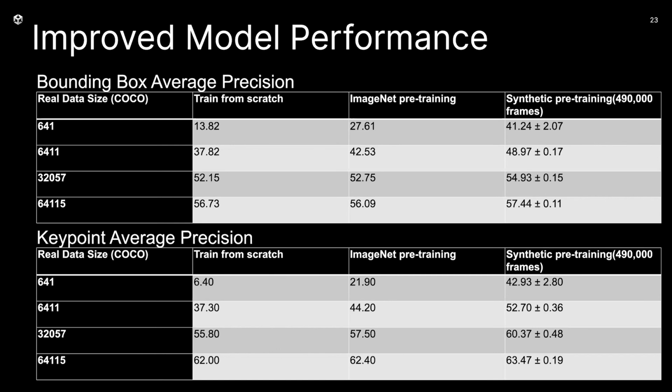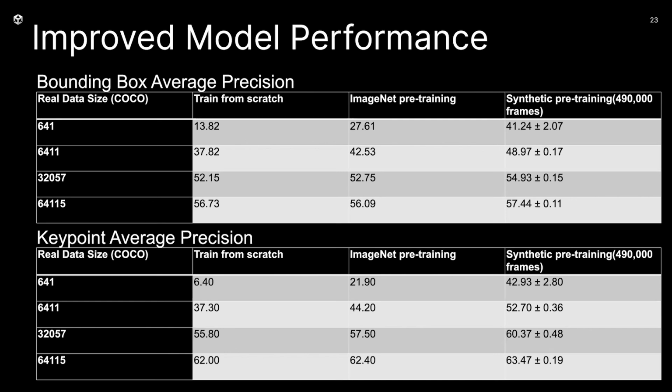In general, we see that there is an improvement of synthetic pre-training over ImageNet pre-training or training from scratch. That improvement, of course, is most dramatic in the small data limits, so 641 images and 6,411 images, which is 1% and 10% of the available real-world data, and there are diminishing returns. As real data gets larger and larger, it sort of closes the gap. And this is true both in our bounding box and key point systems.